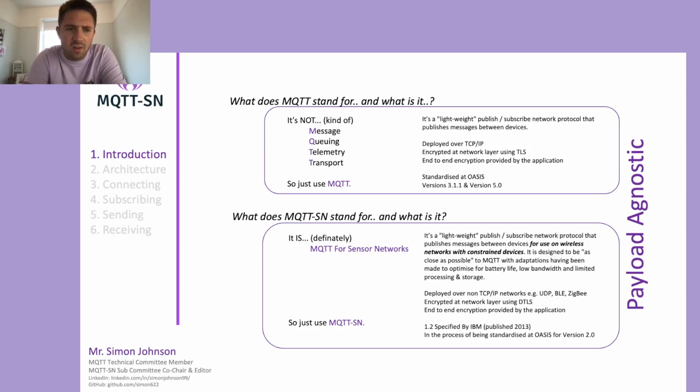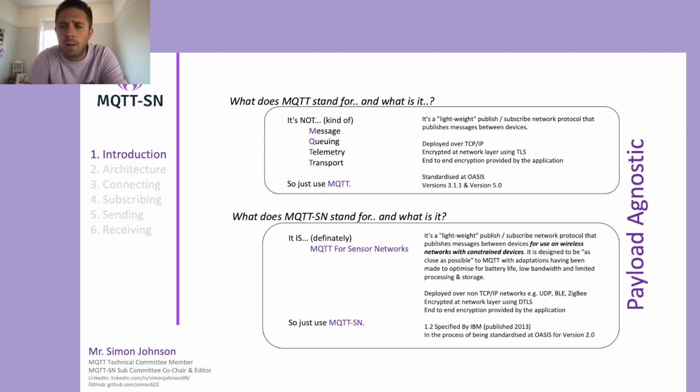That is, devices that sit at the edge of the network and are typically constrained by bandwidth, processing, and battery life. So the protocol has been optimized in terms of its packet format and life cycle to cater for these type of devices. But it's important to note that you can do pretty much everything you can do in MQTT, you can do in MQTT-SN.